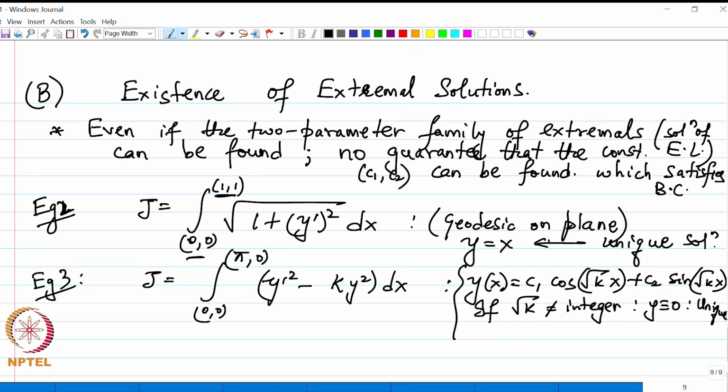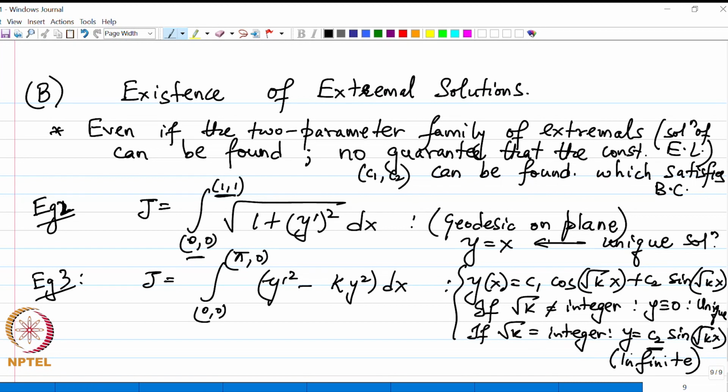And if square root k is an integer, then y is given by c2 sin square root k x, giving us infinitely many solutions described by the parameter c2. So in this example we could have either a unique solution or infinitely many solutions.